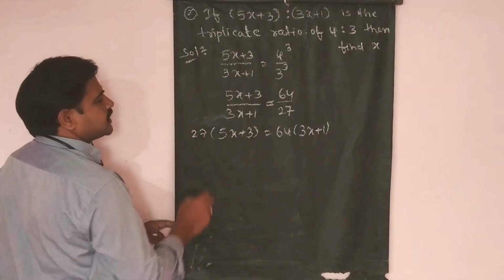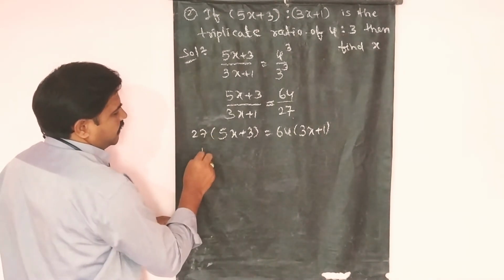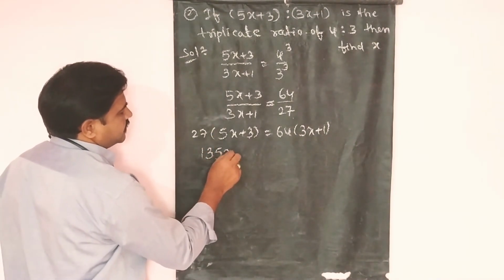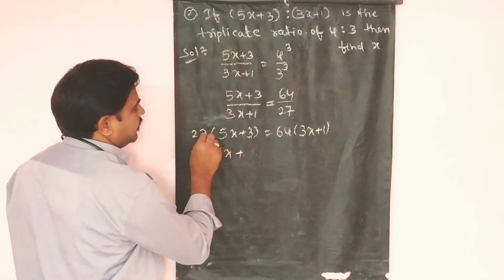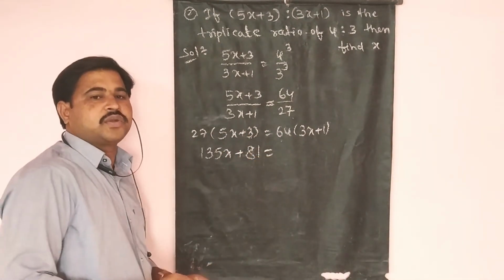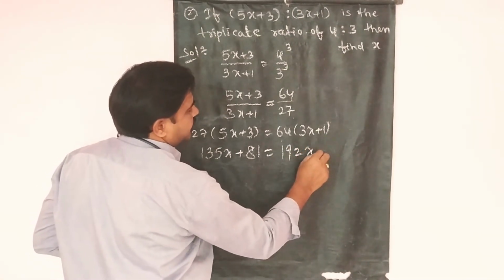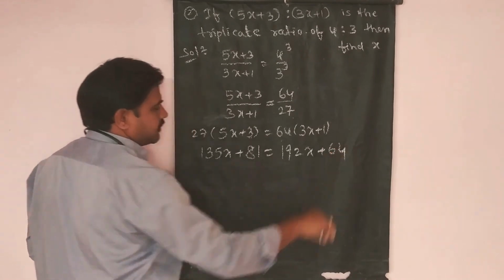Here 27 into 5 is 135, so 135x plus 27 into 3 is 81, is equal to 64 into 3 is 192, 192x plus 64 into 1 is 64.